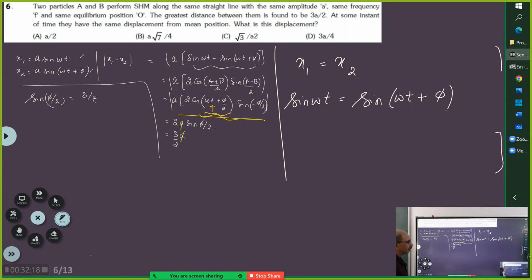Clear? So now, again you have to do a bit of analysis. When this is equal to this, then there is some relation between them. Sorry, I have not written it. At some instant of time they have the same displacement.